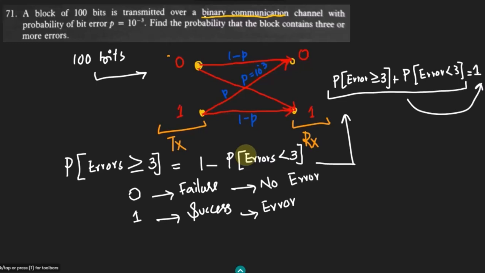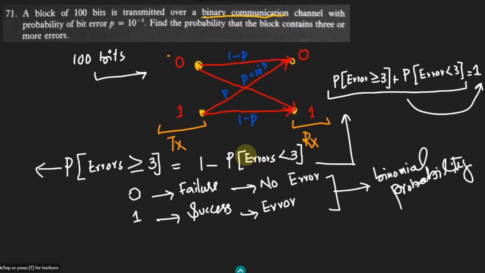So here we have 100 trials, and out of these 100 trials we want to see what is the chance that we will get 3 or greater than 3 successes. So this is clearly the binomial probability problem. Let me call this equation A.